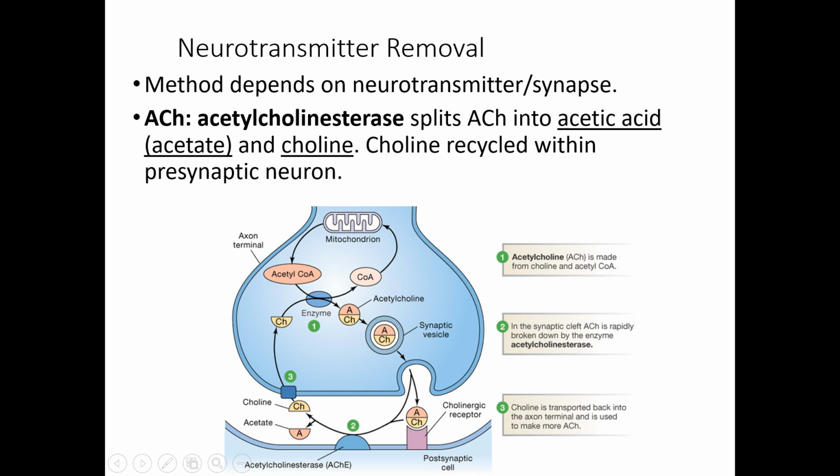So acetylcholine will be broken by a special enzyme, acetylcholine esterase. It splits acetylcholine into acetate or acetic acid that will just simply drift away, and another portion will be choline, and it will be taken inside and will be reused again to make acetylcholine.